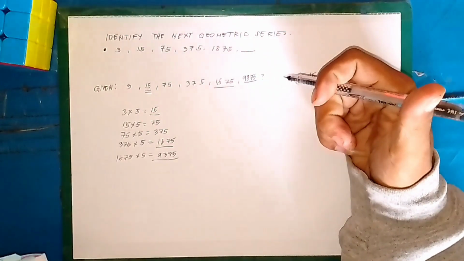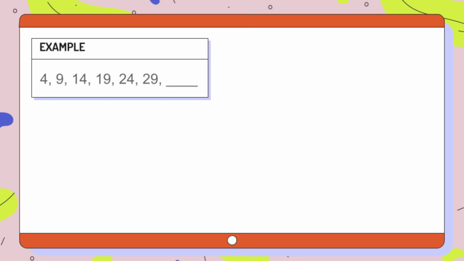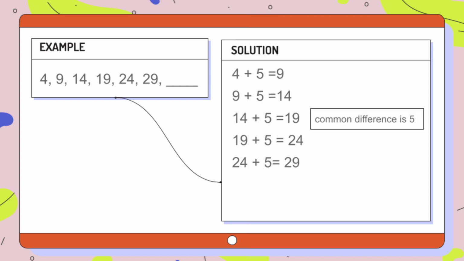Arithmetic series. It consists of a series in which the next term is obtained by adding or subtracting a constant number to its previous term. Let's say we have the numbers 4, 9, 14, 19, 24, 29. What is the next number of the sequence? Now, what we need to do is to find a pattern.